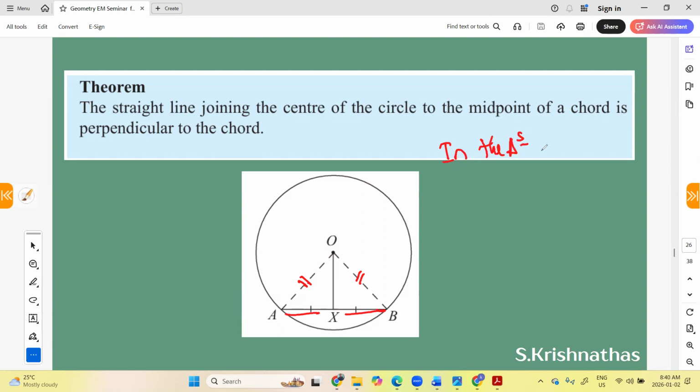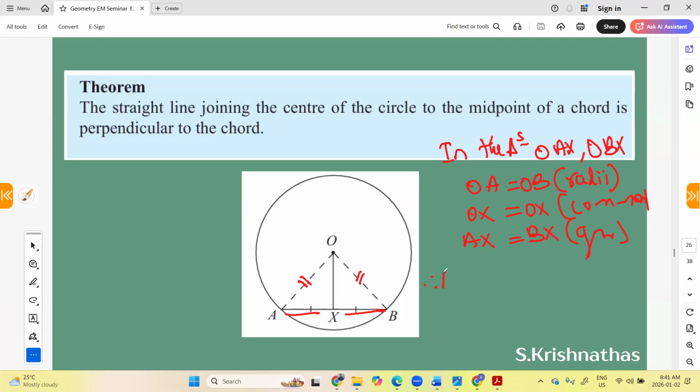In the triangles OAX and OBX, OA equals OB, the reason being radii. Then OX equals OX, common side. Then AX equals BX, given.